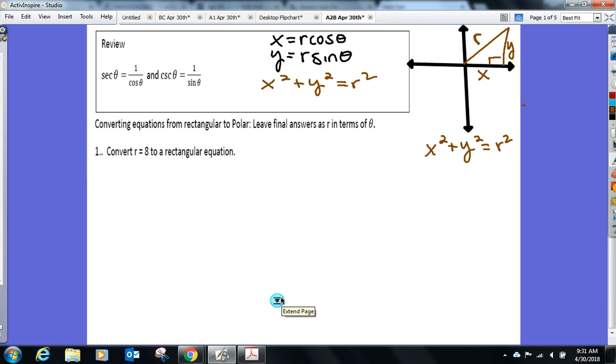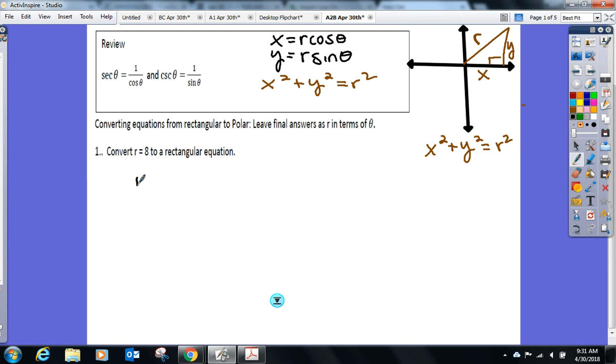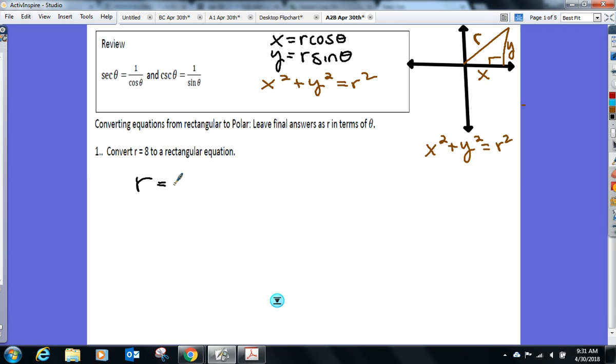This r by itself isn't going to help me out. What do I have a formula for? R squared. How can I make r into r squared? Square both sides. Having r by itself will not help me change it into a rectangular equation, so I'm going to square both sides and get r squared equals 64.